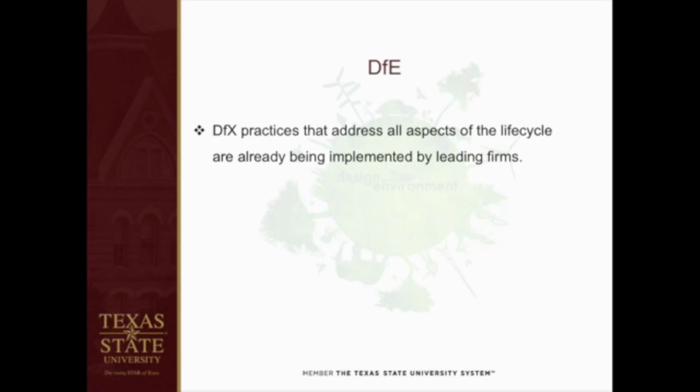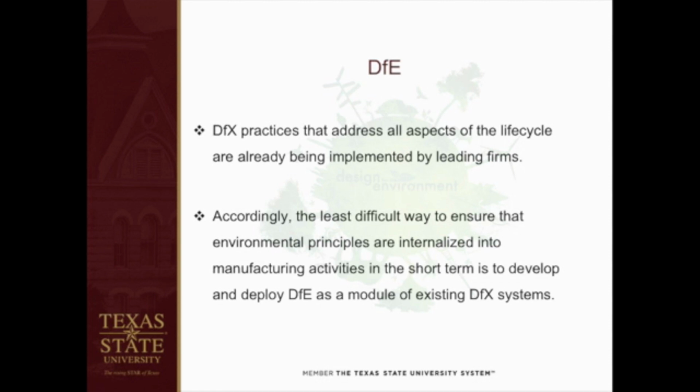Now, how do we implement design for environment? Many of the DFX, like design for assembly, design for manufacture, design for service, etc., are currently being implemented in many organizations. So the easiest form of seamlessly including DFE is to make DFE a part of the company-wide DFX approach.